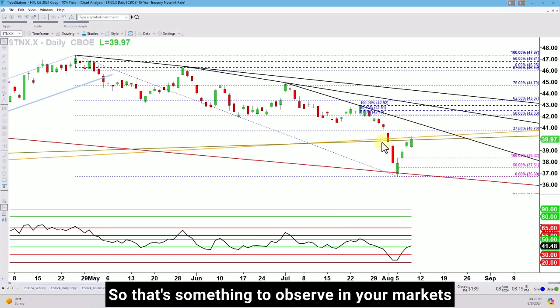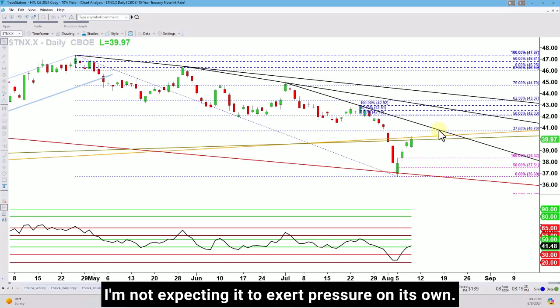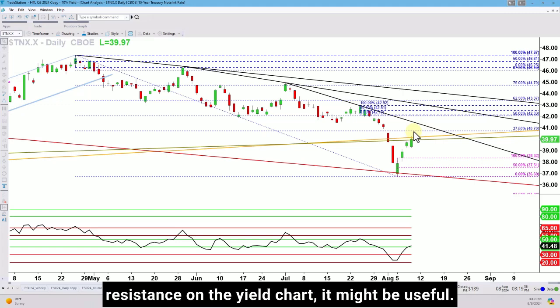So that's something to observe in your markets, that start off with a more gentle fall, then speed up and speed up again. Any one of these individual lines, I'm not expecting to hold on its own, right? I'm not expecting it to exert pressure on its own. I'm expecting that if it lands in combination with another resistance on the yield chart, it might be useful.